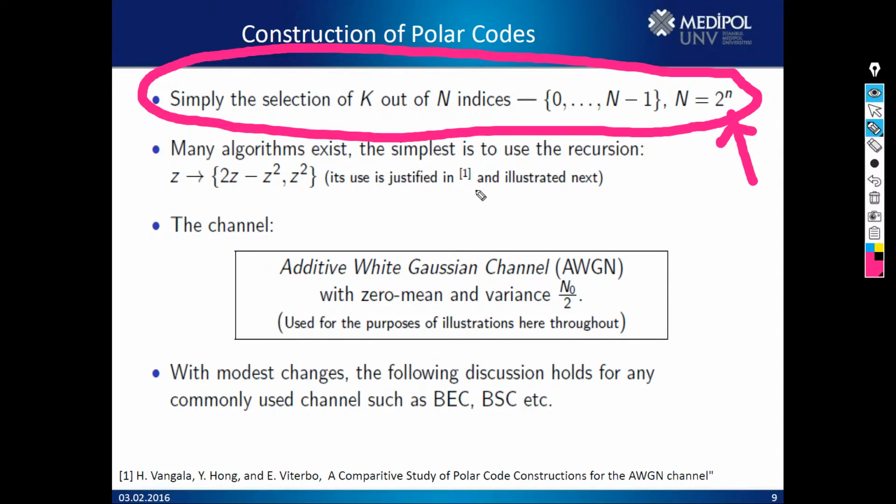But here we use different methods, because over an additive white Gaussian noise channel, you cannot by any means assume you know the channel at the transmitter, because you cannot learn it. The additive white Gaussian noise channel is random, and you cannot learn it by training sequences. You cannot estimate it at the transmitter side.